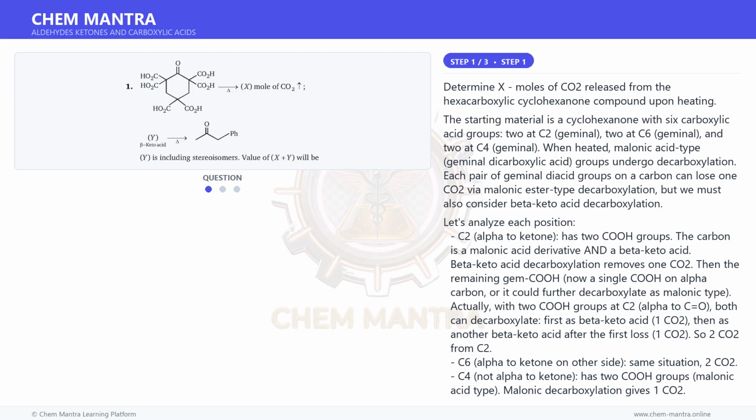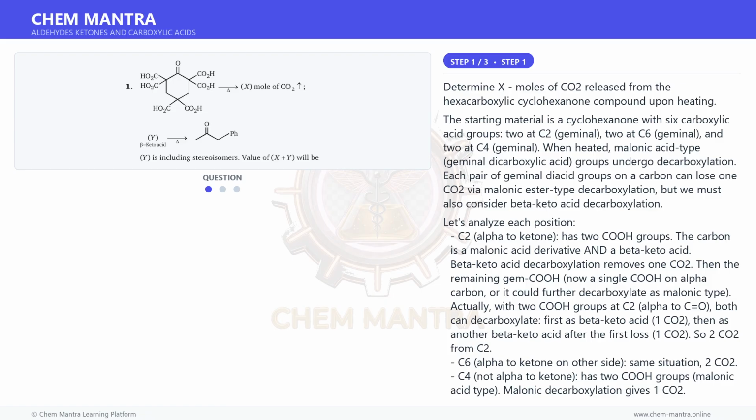Wait, let me reconsider. The structure shows C1 has the ketone, C2 has 2 CO2H, C3 is a CH2, C4 has 2 CO2H, C5 is a CH2, C6 has 2 CO2H. Actually rereading, the ring is cyclohexanone with geminal di-CO2H at 3 positions.